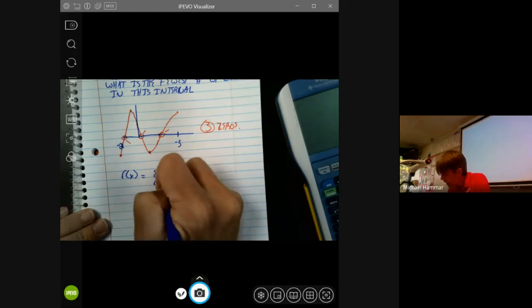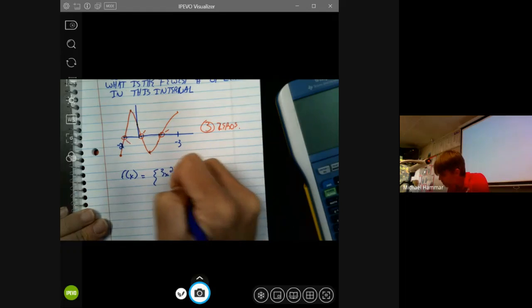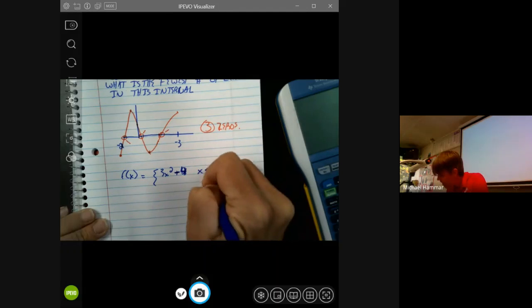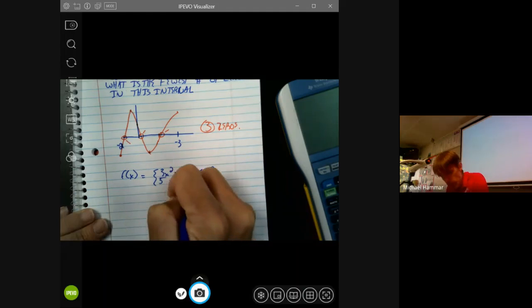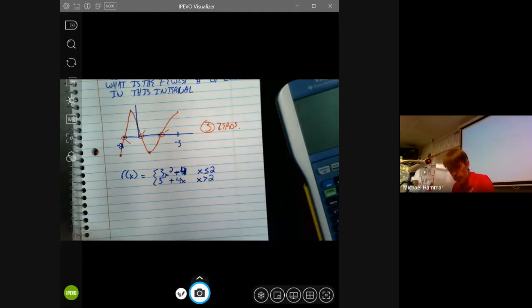We have 3x squared minus 4, for any values x less than or equal to 2. And we have 5 plus 4x for any values greater than 2. Okay? So, let's kind of go through what is going on with this.